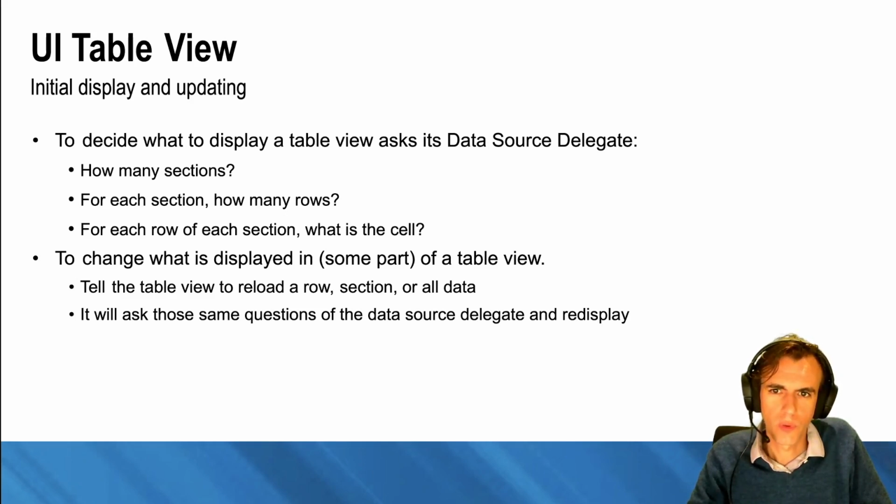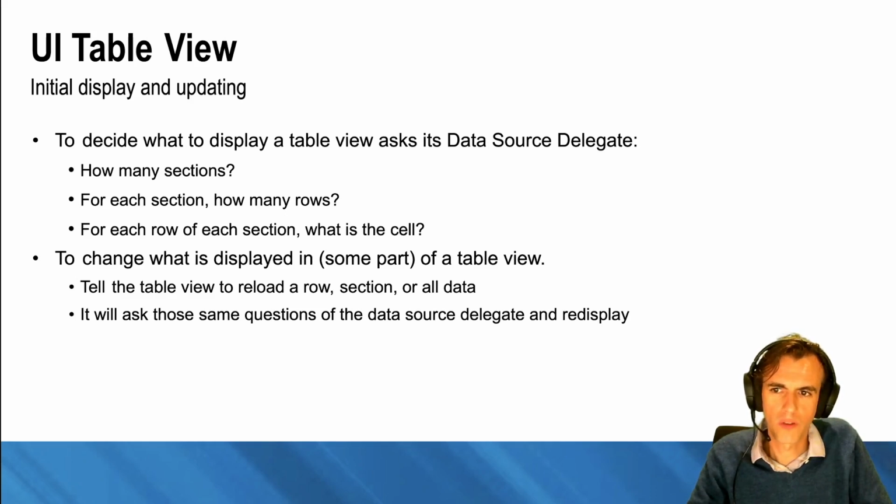So when the table view comes to be presented, the table view controller will ask its data source delegate, that could be a different class, or it could be the table view controller subclass itself, we'll use the latter in our lab example and the workshop example as well. And the first thing it's going to ask is how many sections are in this table view. So you should have a method that returns a number there.